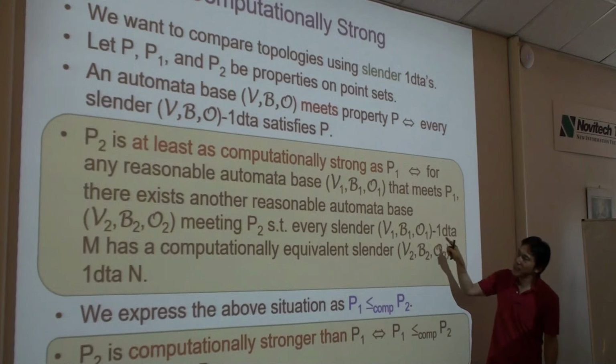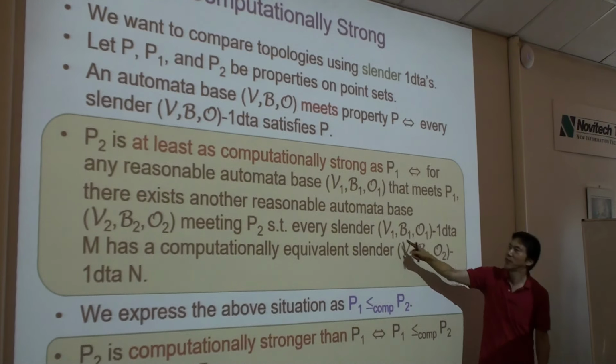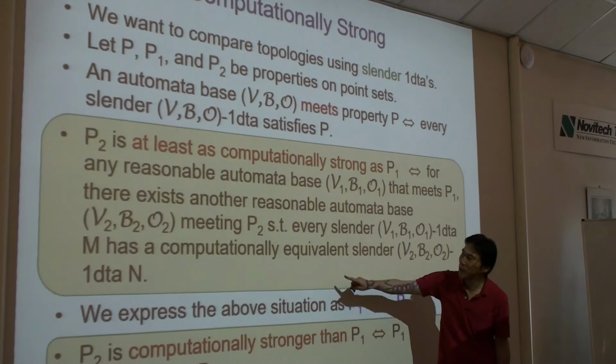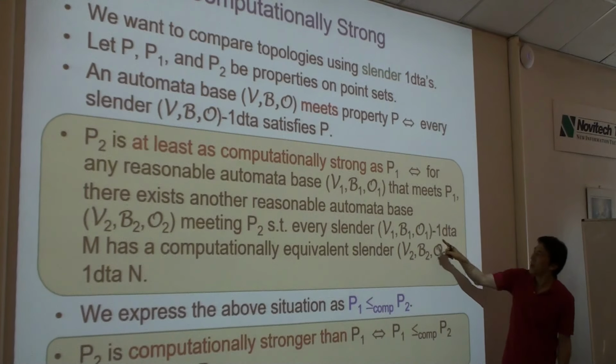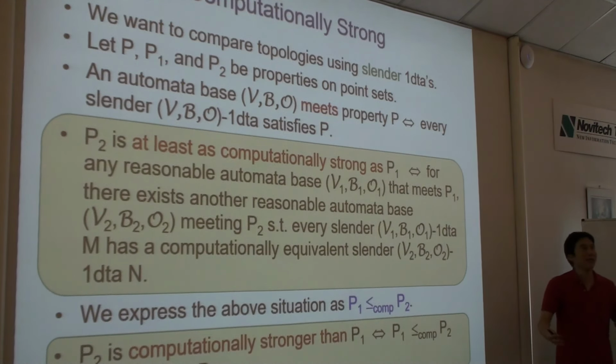If you take any possible slender one DTA corresponding to the first automata base, we can always find another one DTA based on the second automata base. They are computationally equivalent. They recognize exactly the same languages. Right?